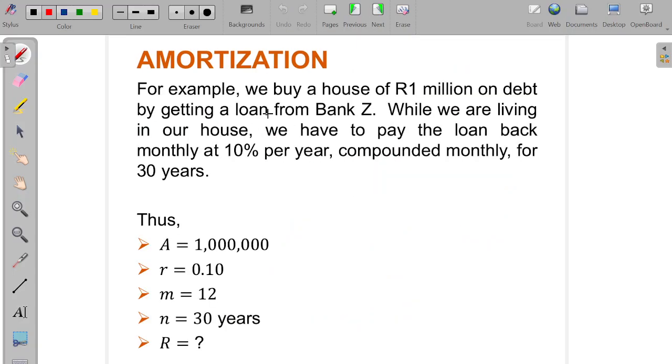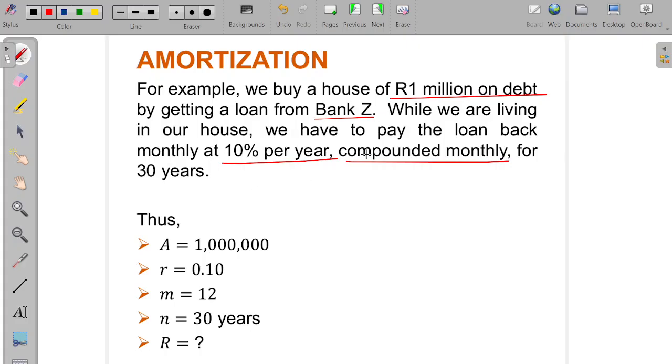For example, suppose we buy a house of 1 million on debt by getting a loan from Bank Z, and we have to pay the loan back monthly at 10% per year, compounded monthly, for 30 years.